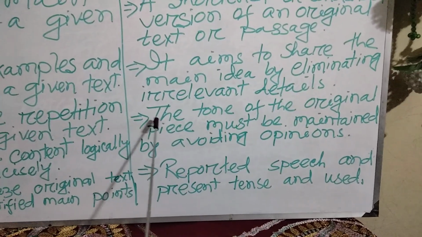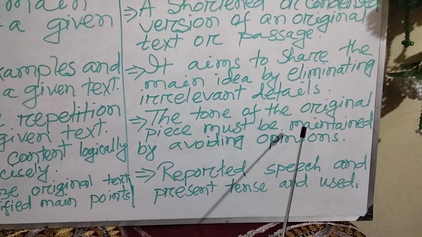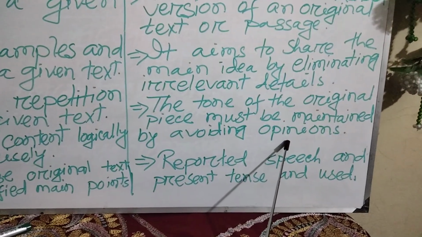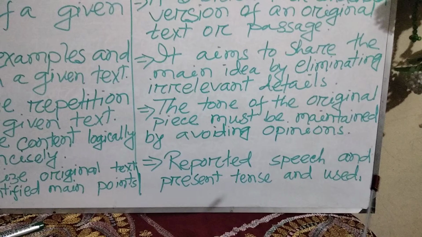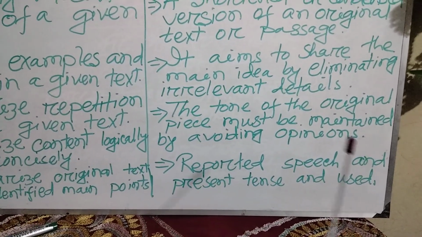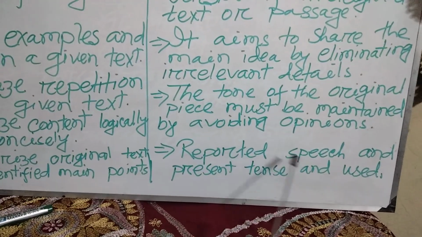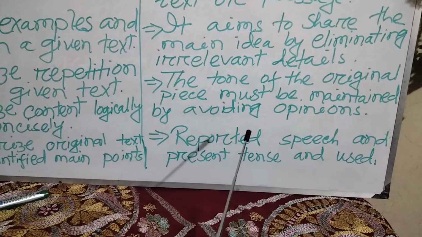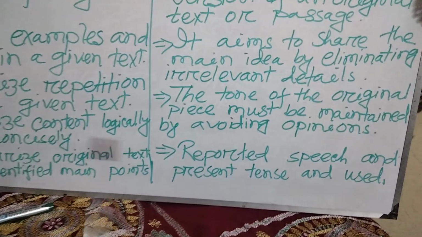Okay. Next, the tone of the original piece must be maintained by avoiding opinion. So you cannot write your opinion, you must avoid it. Okay. So next, reported speech and the present tense are used. So you can use reported speech and you must write in present tense.